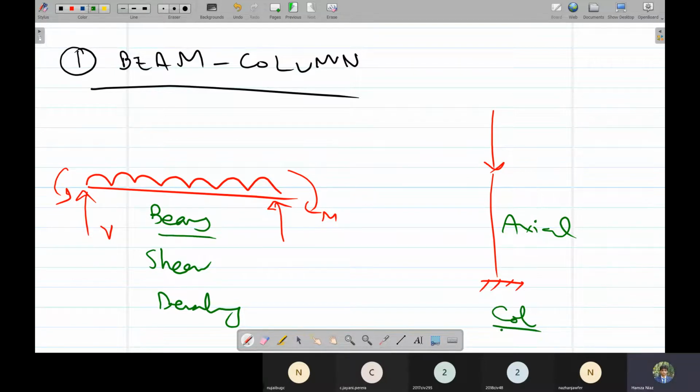But a beam column is a combination of beam plus column.